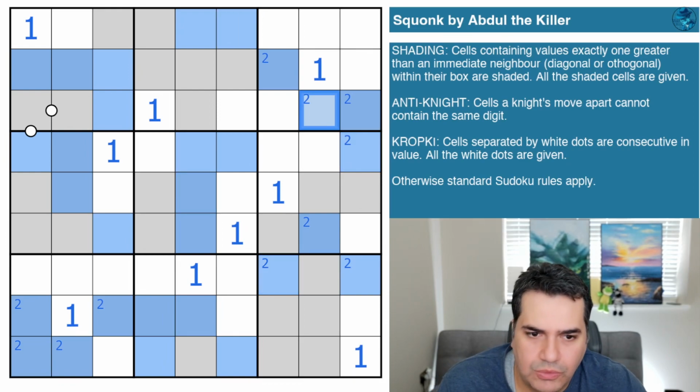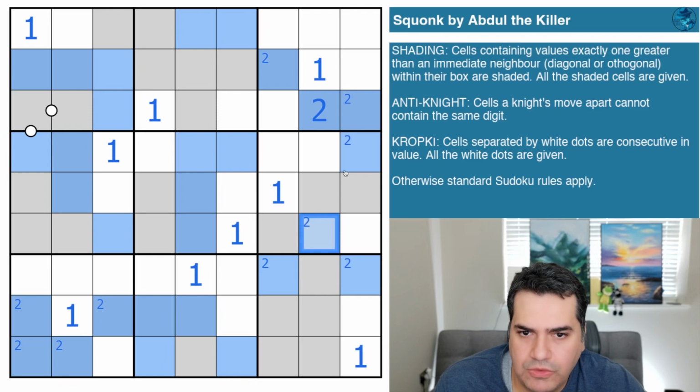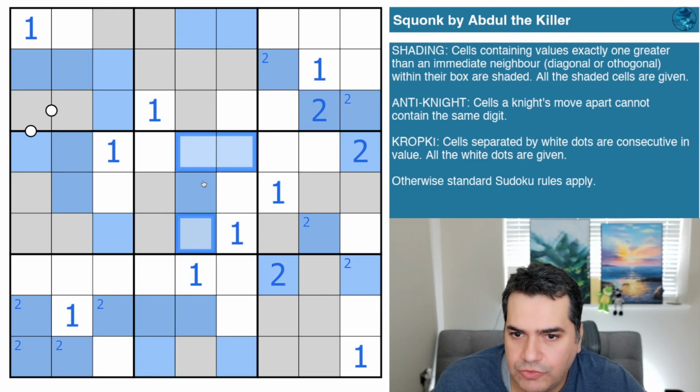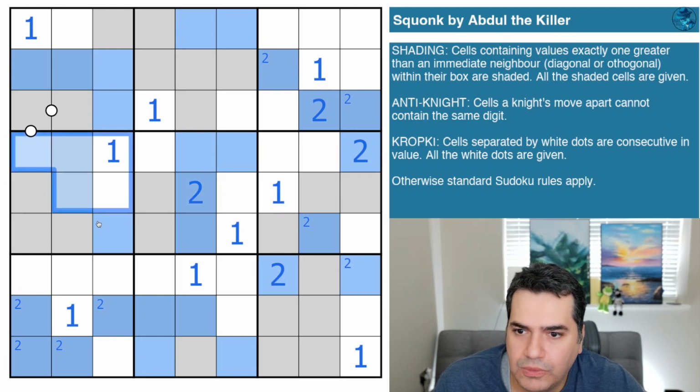Let me try that again and show you. So if that's a 2, you can see that eliminates this. This ends up being a 2. This ends up being the other 2 in box 9. Now we're forced to place a 2 in here. And what would we do with box 4? Because Sudoku rule says none of these, and that's within knight's move of this 2.